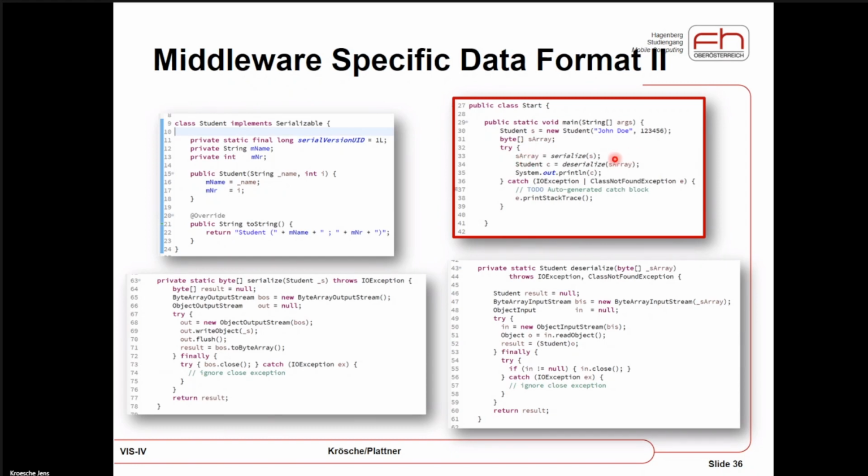And on the other side, we can deserialize the byte array, and the same student pops out again. So this is quite easy. We can just serialize the object, make a byte array out of it, and then use this byte array to be shifted around different computers. And the other rectangles just show how it could be done, if you are interested.